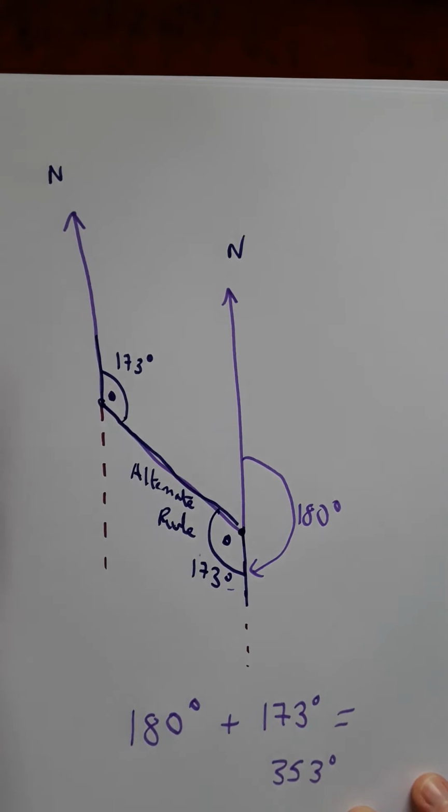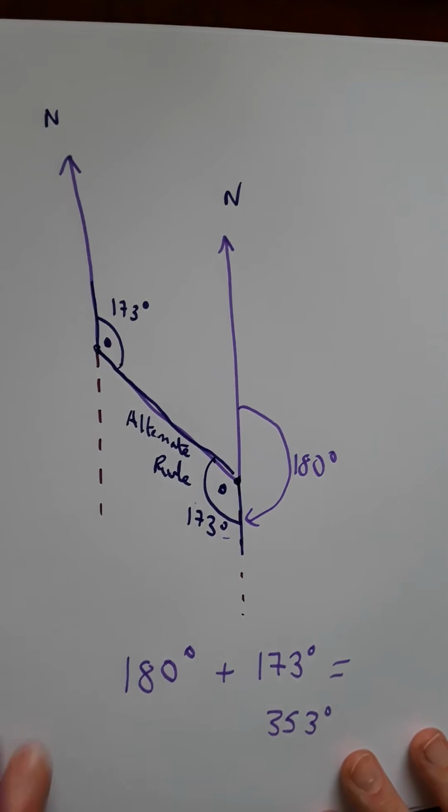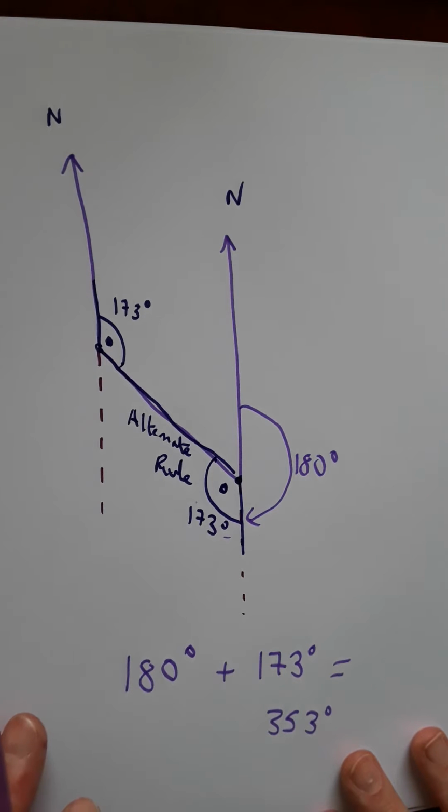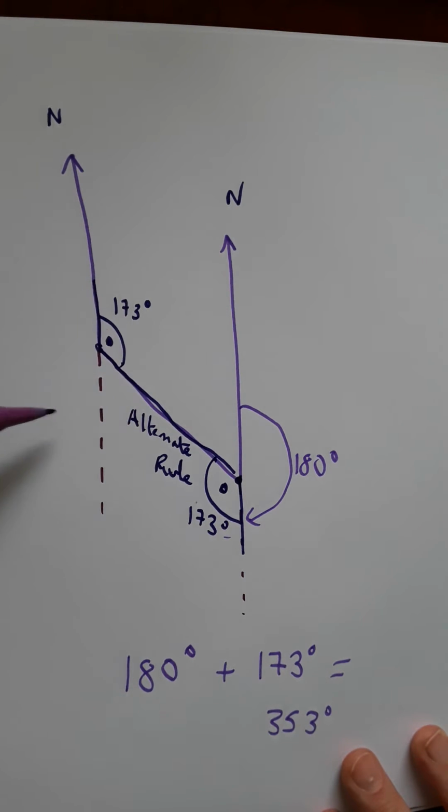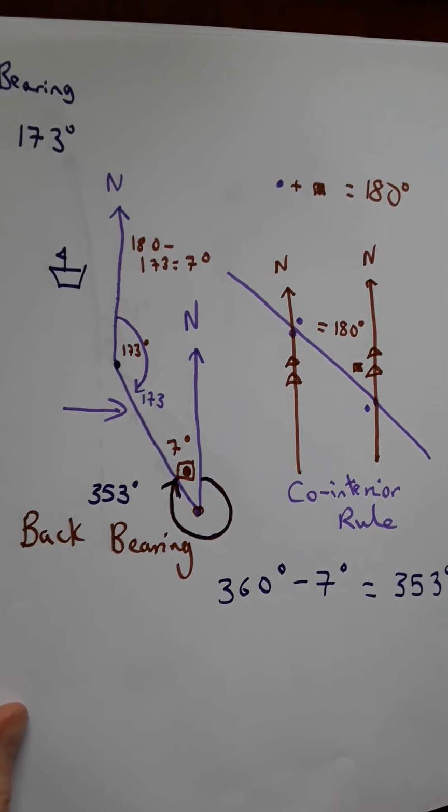Now, the thing is, this looks really easy, but you've got to be aware of the fact that if you end up with a bearing that's greater than 180, it's going to work slightly different. And that's why I always encourage my students to use this method.